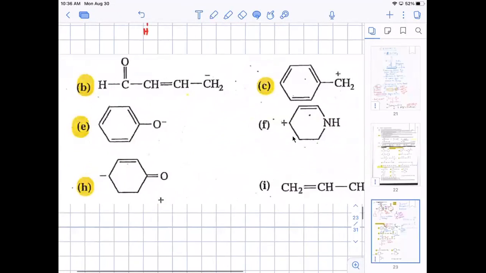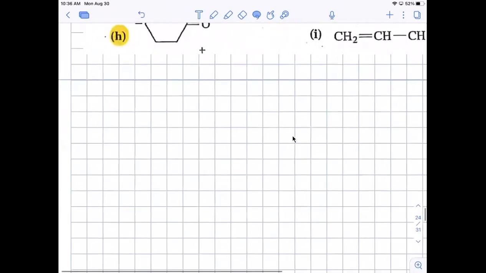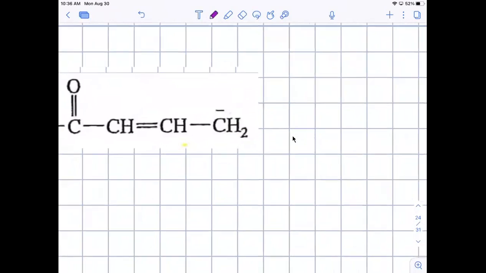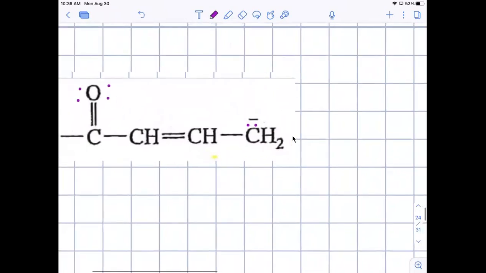I'm going to cut this out because this is one that is going to have multiple resonance forms. Paste that right there. All right, first let me put some electrons in here, and I'm also going to put some electrons on oxygen.